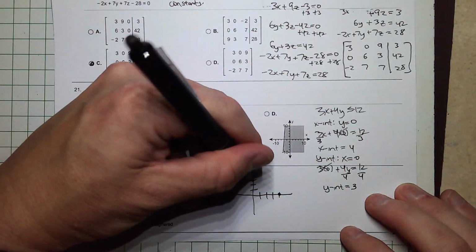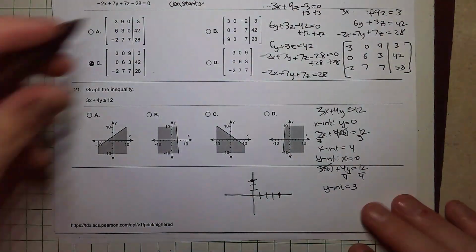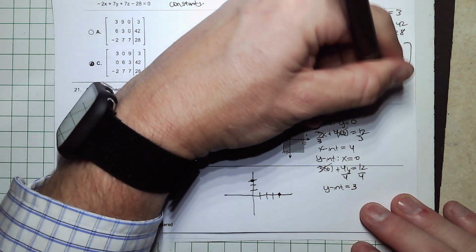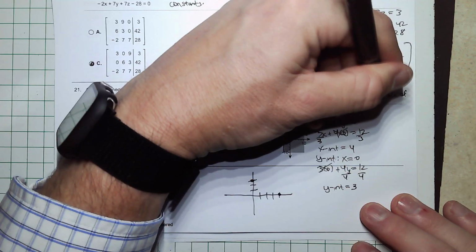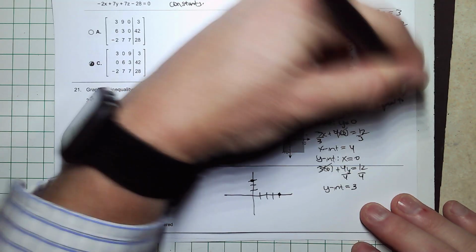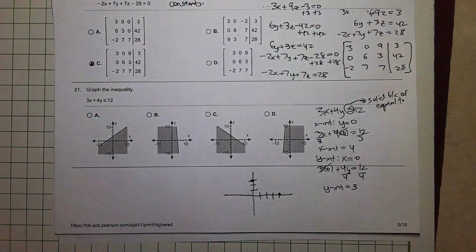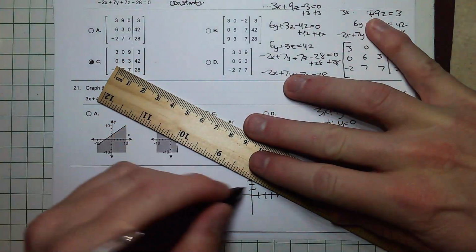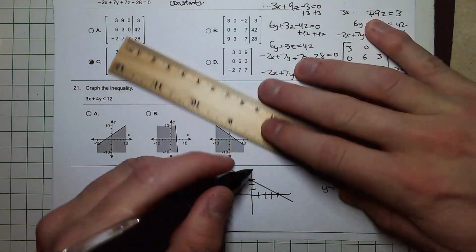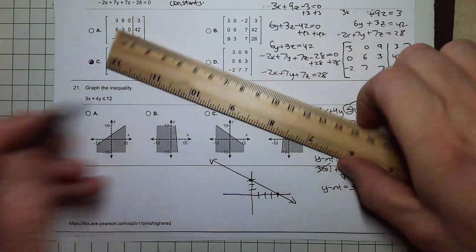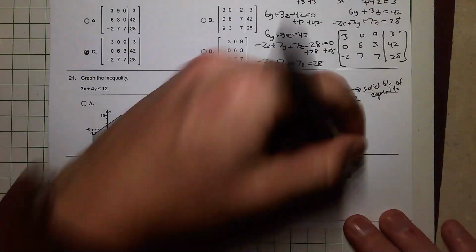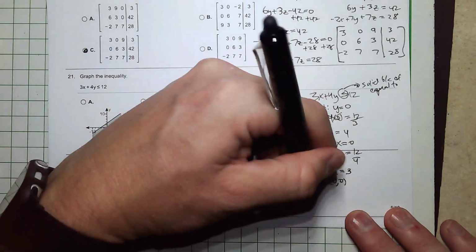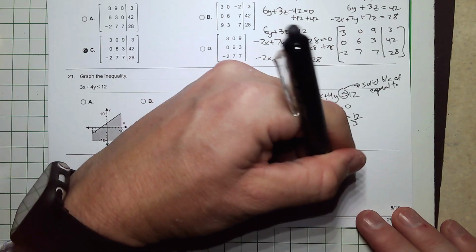Now it's going to be solid because of the equal to. So I'm going to connect those dots here, and I'm going to pick a point to plug in, a point not on the line. I'm going to pick 0, 0. So it's 3 times 0 plus 4 times 0.